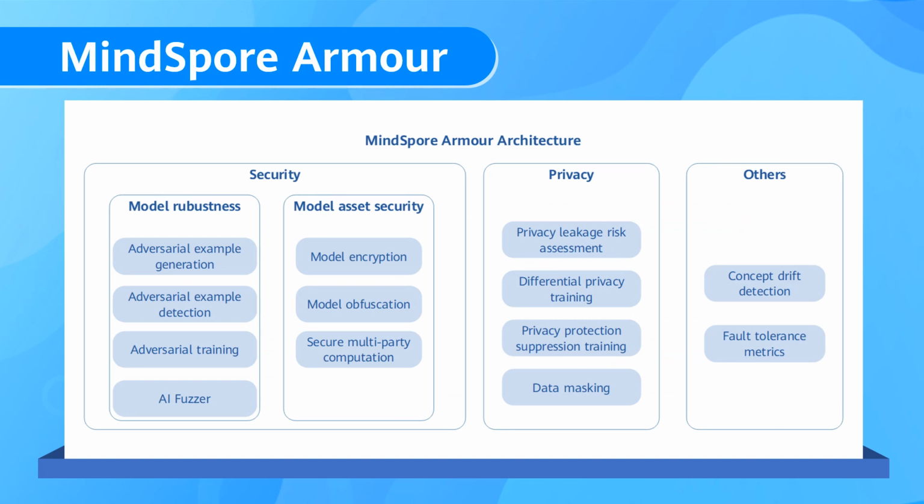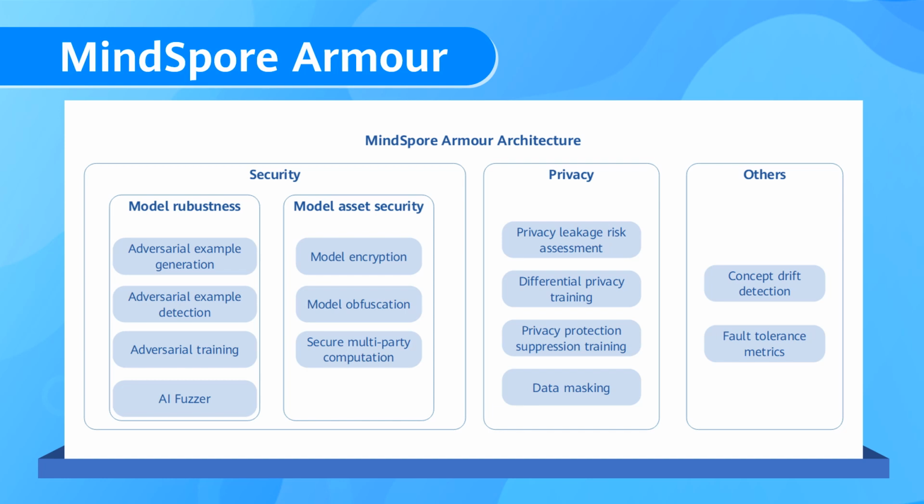I'm particularly interested in two aspects of security: model robustness and model asset security. The concept of privacy leakage risk assessment also piques my interest. Alright, model robustness involves ensuring that AI models can withstand both natural and adversarial perturbations.